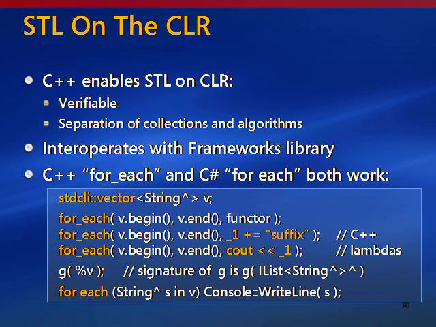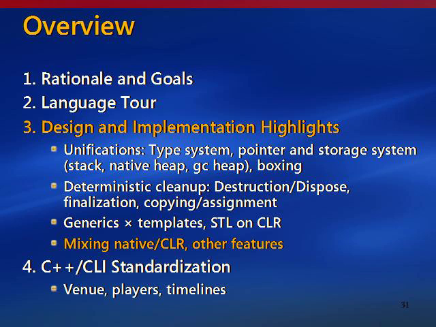But you can see the code that's written here that I can make use of all of the existing C++ practices, including creating lambda expressions from Boost and other existing community practices. It just works as you would expect. And the cool thing about it is that this code is also pretty much verifiable. And that's great because when you're trying to take it into the partial trust space, that's really necessary.